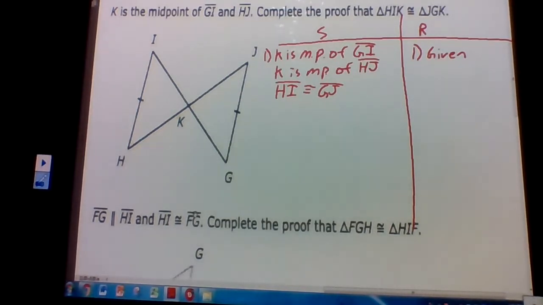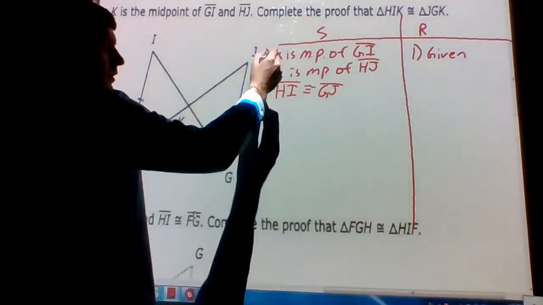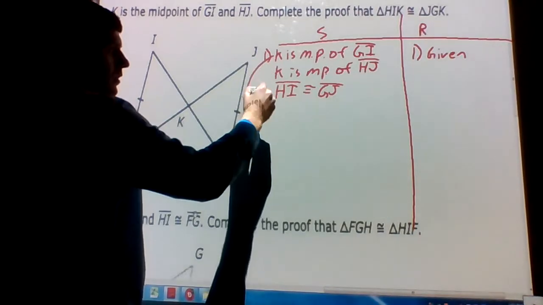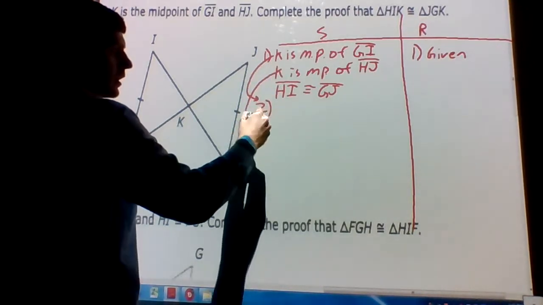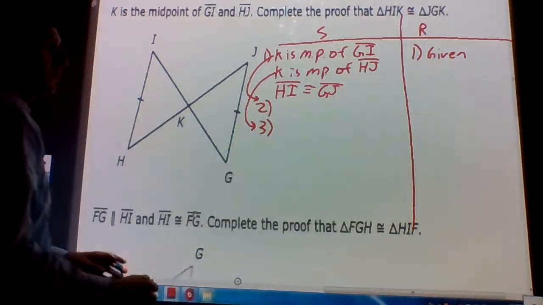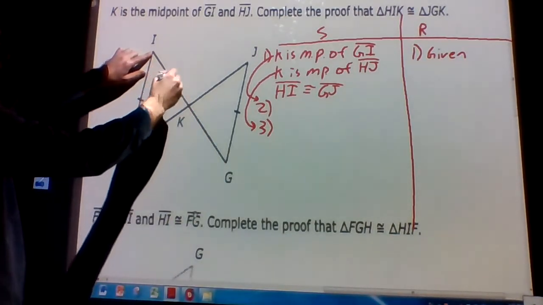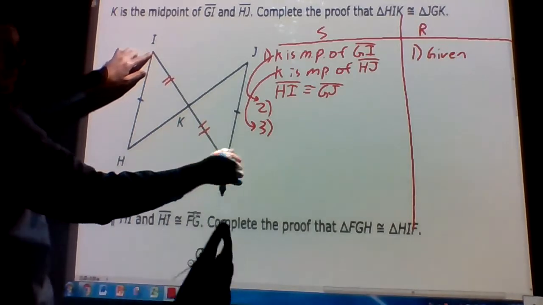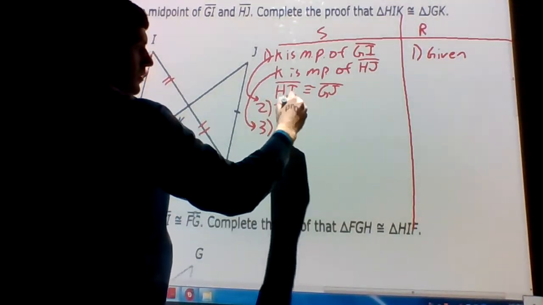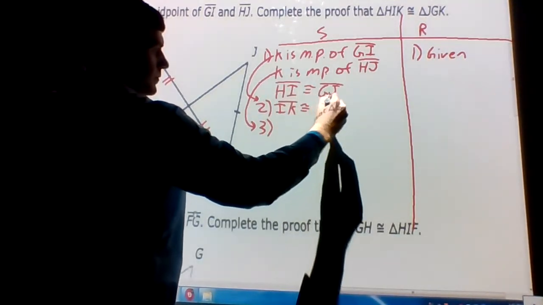So we go down our list. We'd have vertical angles first. But let's use our midpoints. Okay, so we have a midpoint here, and here. So if K is the midpoint of GI, then we know IK is congruent to KG.